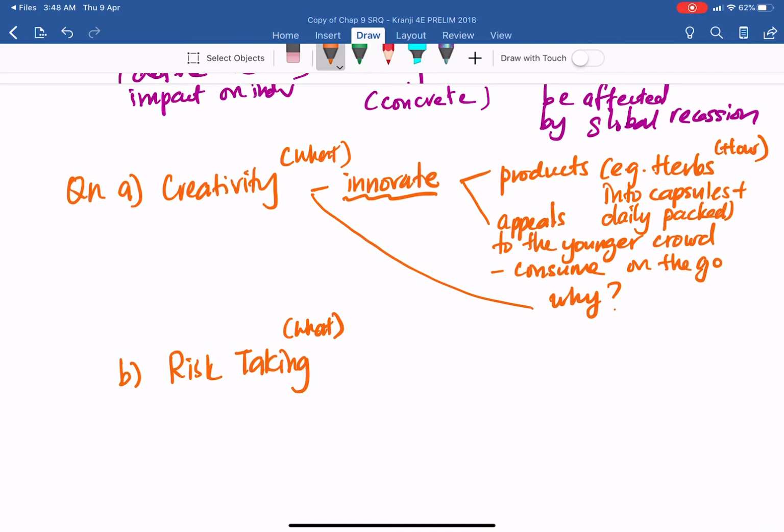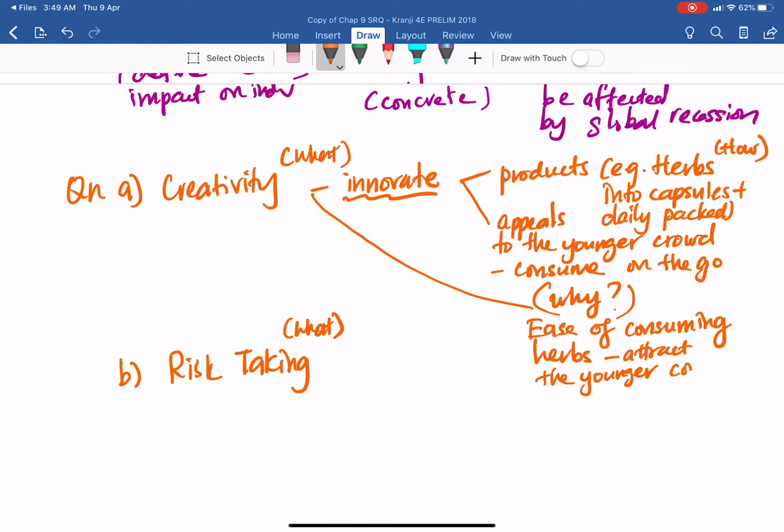Now, because of the ease of consuming herbs, you are able to attract the younger consumers, and these are the younger consumers that literally have the money, correct?